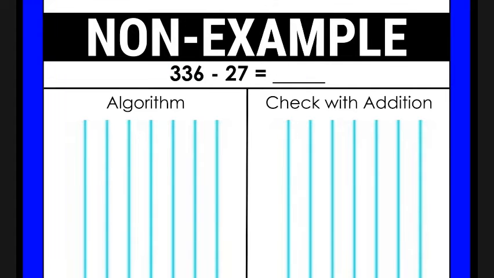So now I'm going to do a non-example so you can see again what happens when I don't solve the problem correctly and what steps we need to go through in order to correct our answer. So for this problem, we're going to solve 336 minus 27. So let's start with my algorithm.